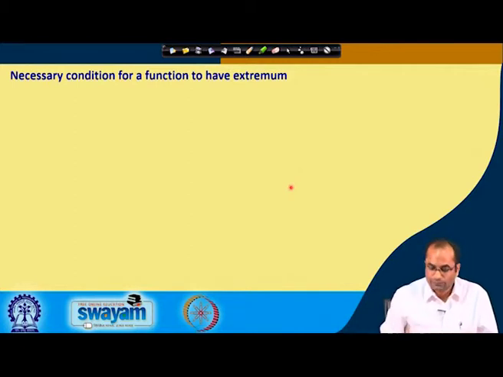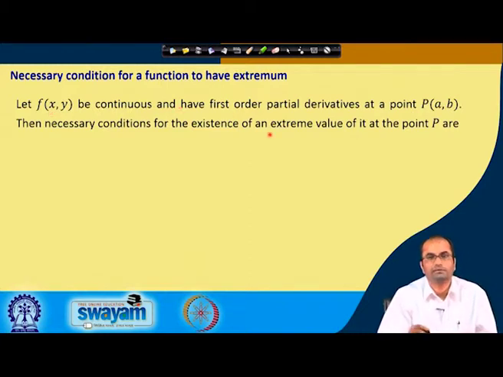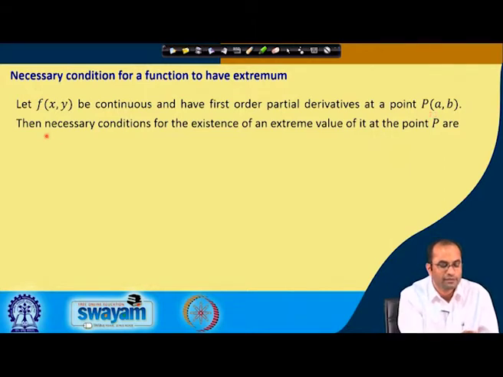And then we come to the necessary conditions for a function to have an extremum. So, what are these conditions? Let f(x, y) be continuous and have partial derivatives at a point (a, b). Then these are the necessary conditions for the existence of an extreme value.